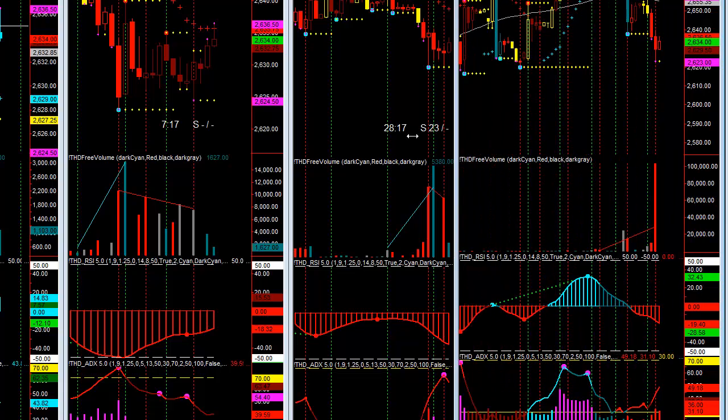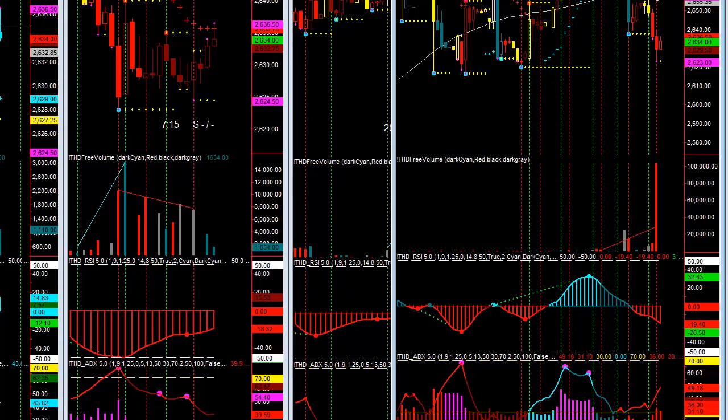So you can also see, if we look across the bottom here, that price, if we go to here, right there, okay, and we look at this, you can see extremely low volume, and you see very, very high volume, okay?